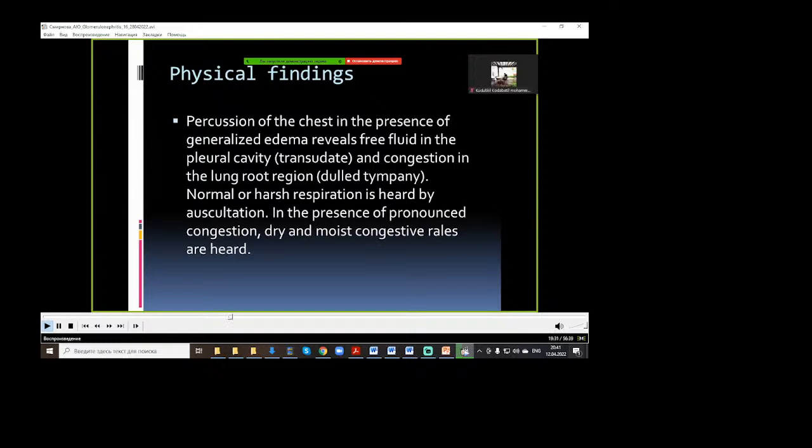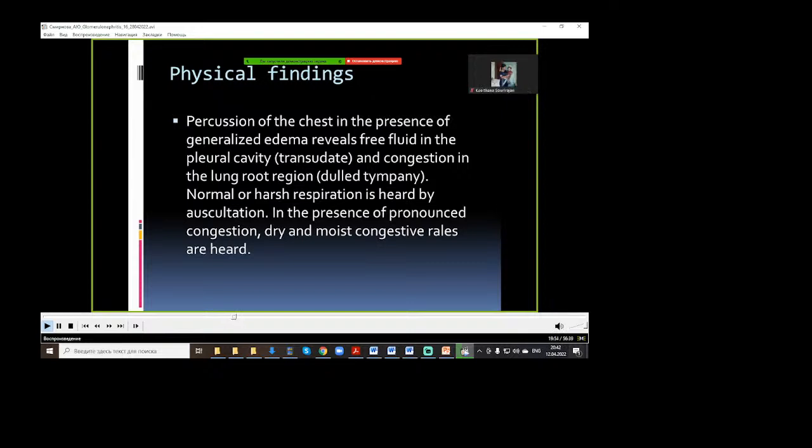Other physical findings. We must perform inspection of the chest of these patients. Percussion of the chest in the presence of generalized edema reveals free fluid in the pleural cavity, transudate or hydrothorax, and congestion in the lung root region.